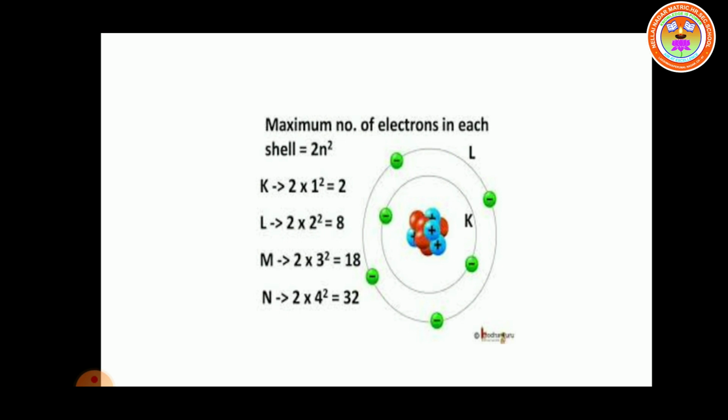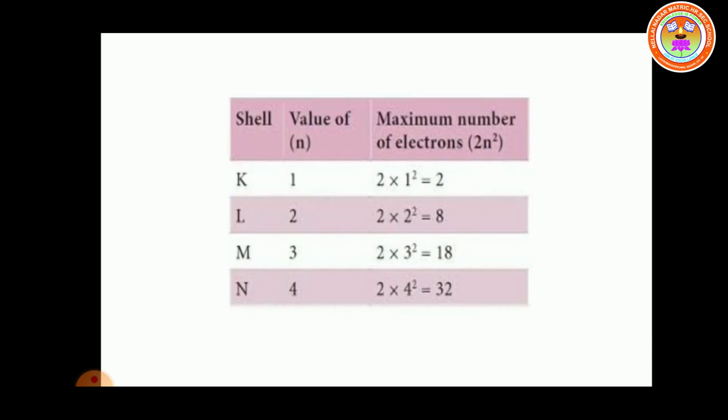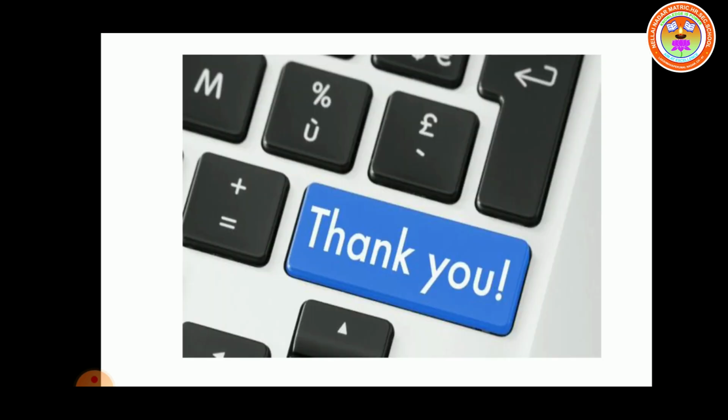So, we have to find the maximum number of electrons by using this 2n square formula. So, students, how many electrons maximum are present in the K shell? 2. L shell, 8. M shell, 18. N shell, 32. Okay, students.